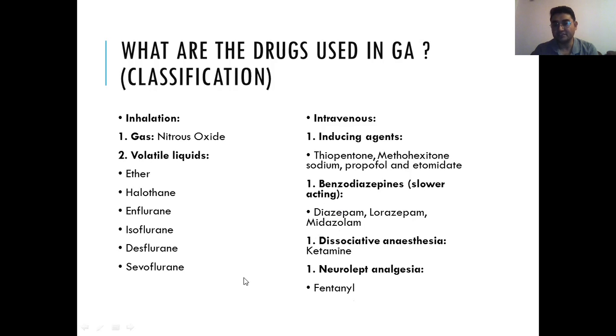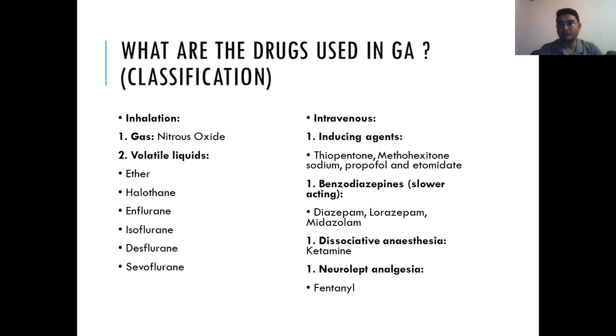And for neuroleptic analgesia, fentanyl, which is an opiate analgesic. We can use pentazocine instead of fentanyl, but if you have fentanyl, it is a good choice. As we talked before about general anesthesia, there should be a combination of drugs. By one drug, we cannot achieve all characteristics of the triad of general anesthesia.